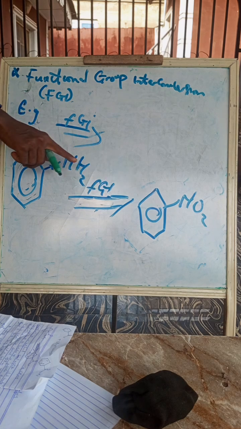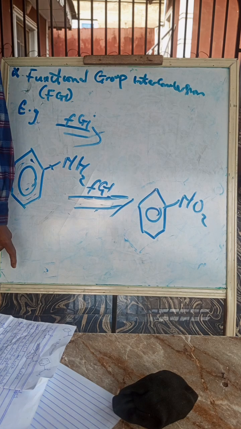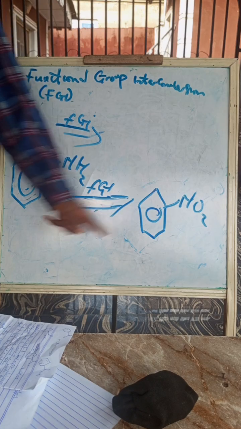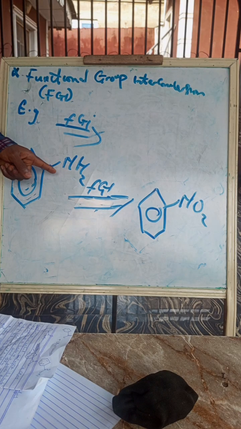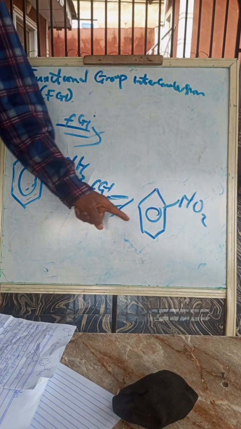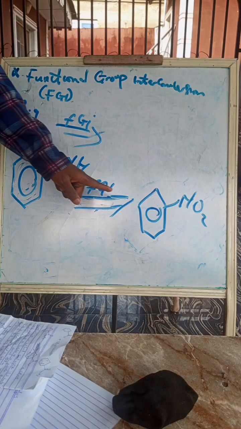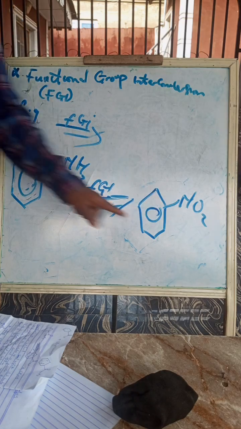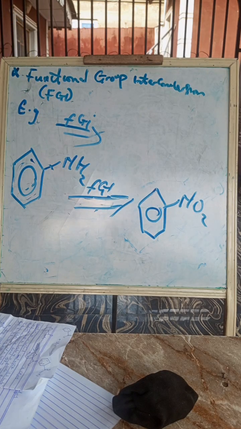We can see this is a nitro compound, an aromatic nitro compound. We successfully converted from NH2, an amine, to a nitro compound. So this is to show that the functional group has been interchanged.